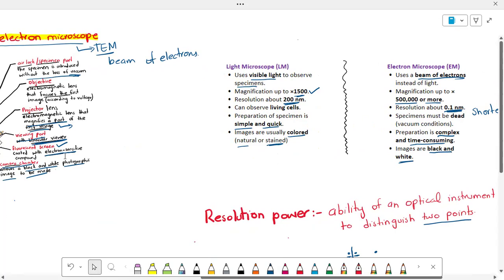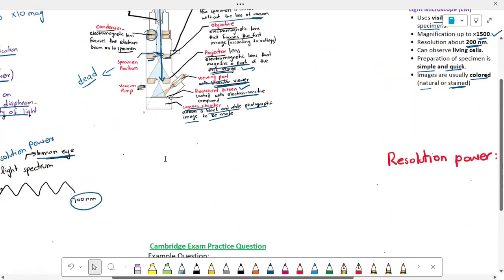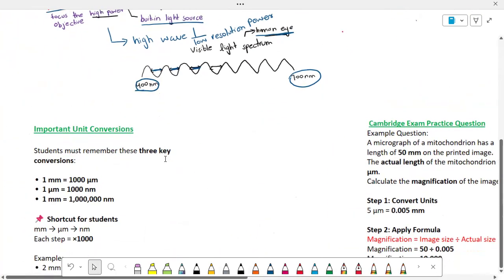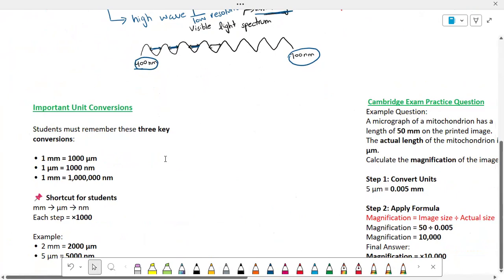So now let's move towards another topic, which is unit conversions. Okay, students, as you know, cells and microorganisms are extremely thin, so we use smaller units to measure them. Means we use millimeter.